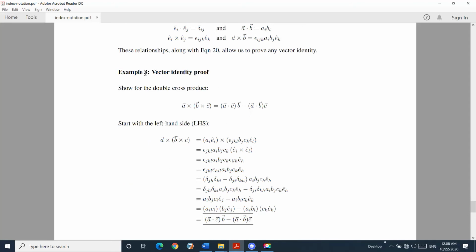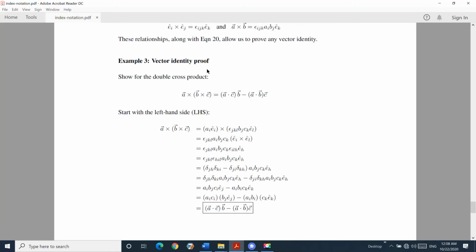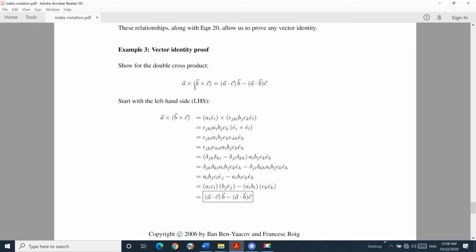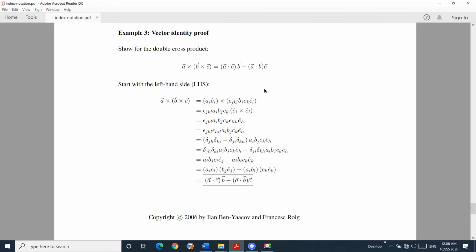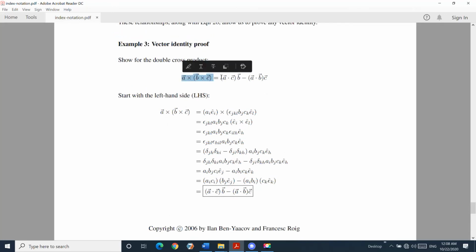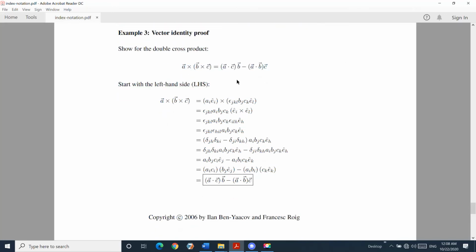So, example: the vector identity proof. Let's say we have A cross product B cross product C, and the result is equal to A dot product C multiplied by B minus A dot product B multiplied by C. So the left hand side and the right hand side should be equal to each other.